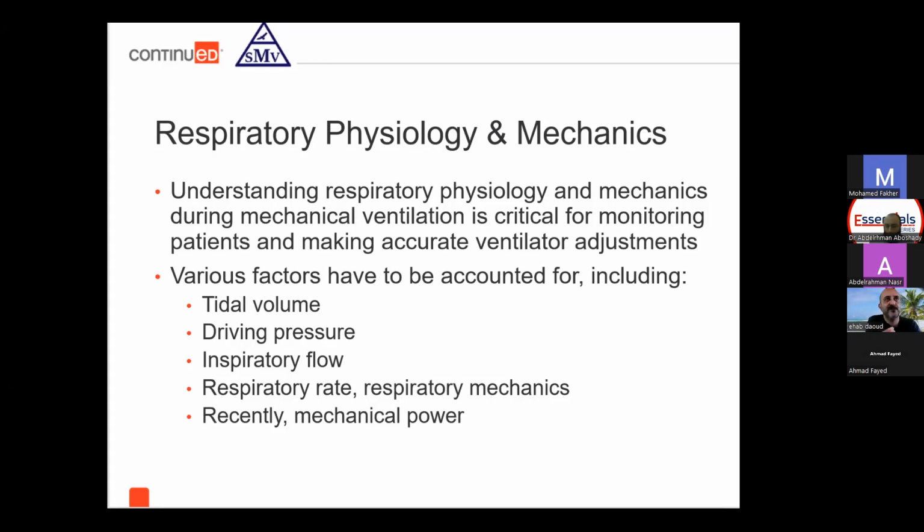People who believe in very low tidal volume will tell you it's only the volume, so that's why 4 to 6 milliliters per kg. Some other people would say no, it's the stress or the pressure applied to the lung, so try to minimize the driving pressure. But now we understand that even the inspiratory flow could affect ventilator-induced lung injury. Even something as simple as the respiratory rate can affect lung injury.